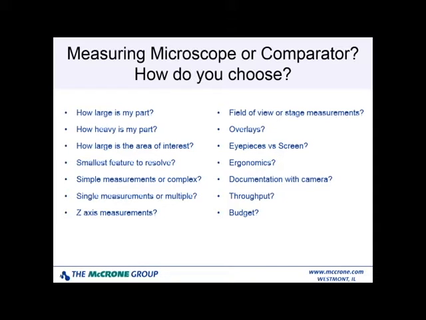Do I want to document this part with a camera? What is my throughput? If you are using a comparator with an overlay, that will allow very fast throughput. If you have multiple measurements to do, that slows down your throughput. So all of these questions get into making a decision on what kind of instrument you need, what size, what configuration.